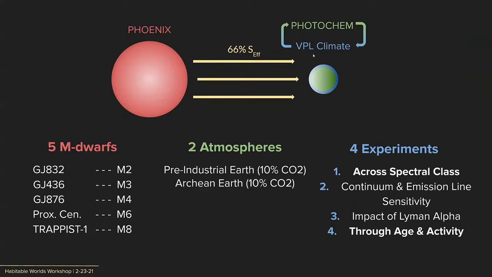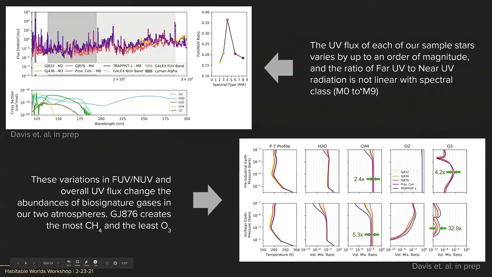We basically use these self-consistent cases as a test bed for testing how UV radiation changes and how that influences the composition of these planets. And so the results that I want to share with you today have to do with how UV radiation changes across spectral class, as well as how it changes as the stars age and their activity levels change.